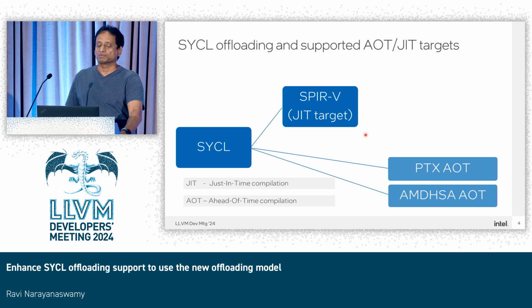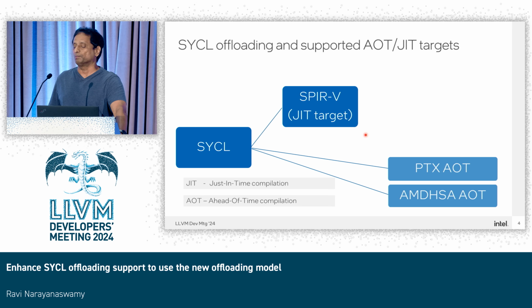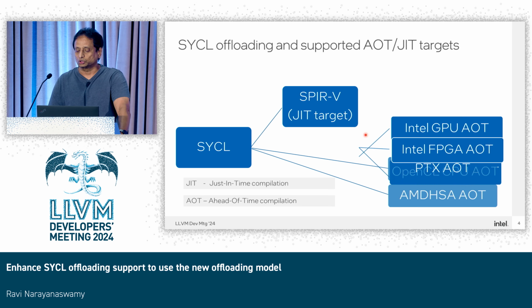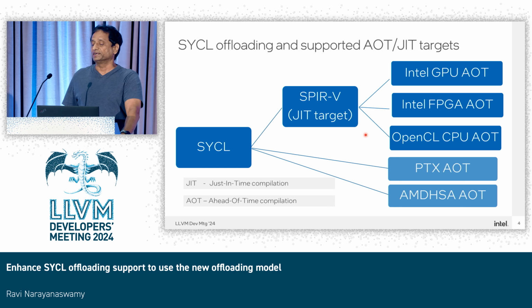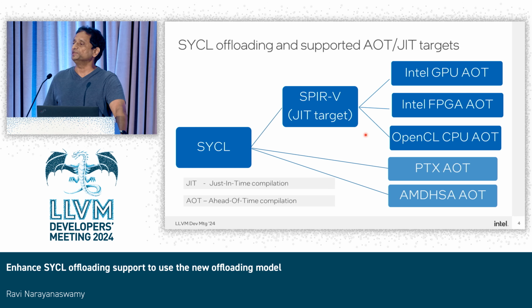JIT is just-in-time compilation, where you invoke the backend compiler when you're running the program. Or you can also do AOT, where you pre-compile during compile time using the backend compiler and generate the device binaries for Intel GPUs, FPGAs, or OpenCL CPUs.